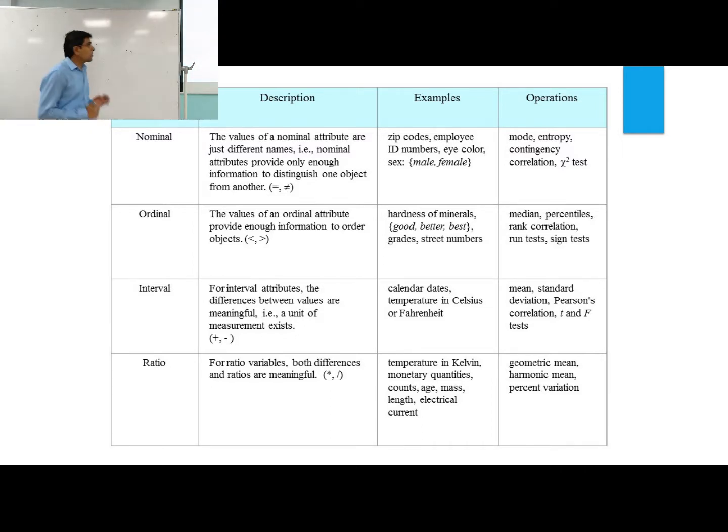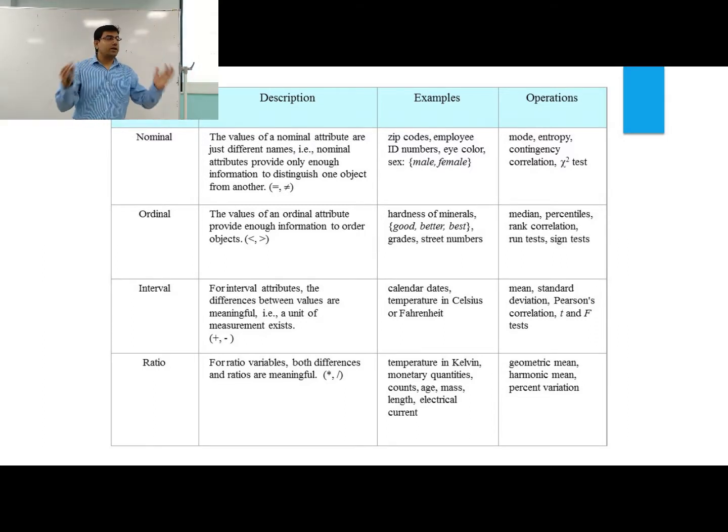So these are the columns which are given with the examples, and what type of operations are allowed. Now if I take a look at nominal, the best example, if you remember, is zip code or ID number, alphanumerical characters. Those are the things which create your nominal data. Operations like, yes, you can identify the frequency.